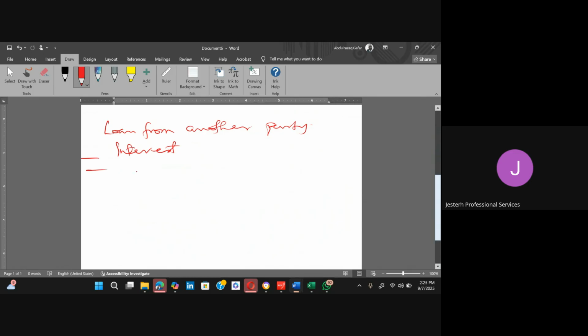You have interest, and then you also have capital repayments, which is the principal. So what the law is now saying is that if you repay any capital, you cannot come and take it to your expense. You cannot bring it to your expense and say that you want to deduct it from your profit.